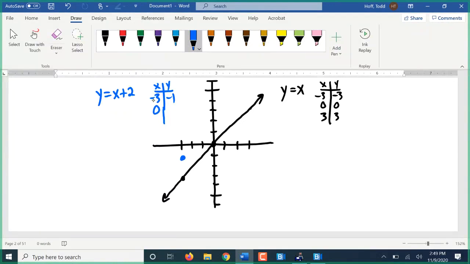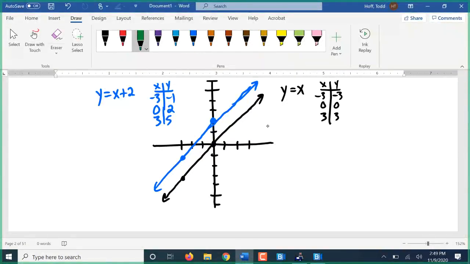If x were 0, 0 plus 2 would be 2. So 0, 2 would be right there. If x were 3, 3 plus 2 would be 5. So 3, 5 would be right there. We see that we get a line that goes across our graph at the same angle. It's just moved up 2 spots. So adding 2 to x just moves the whole graph up 2 spots.